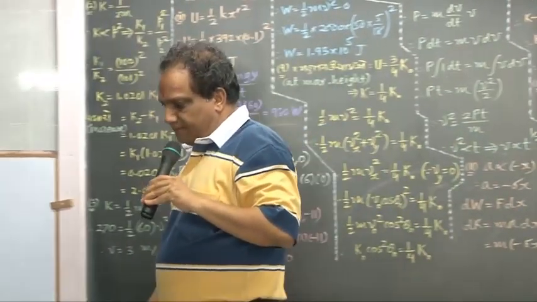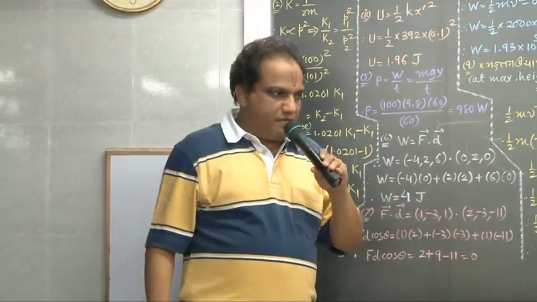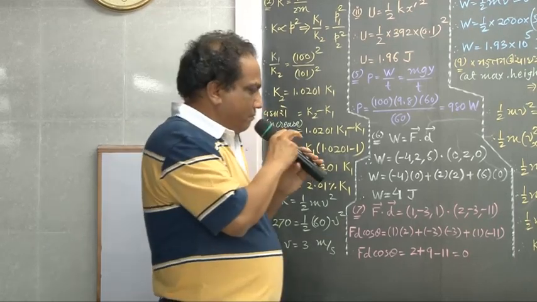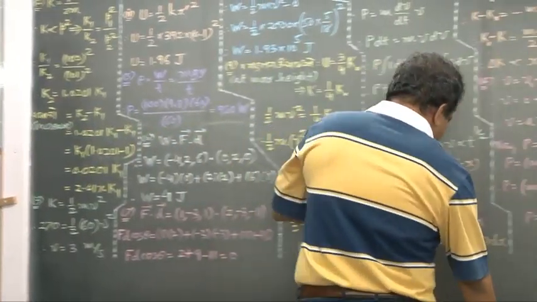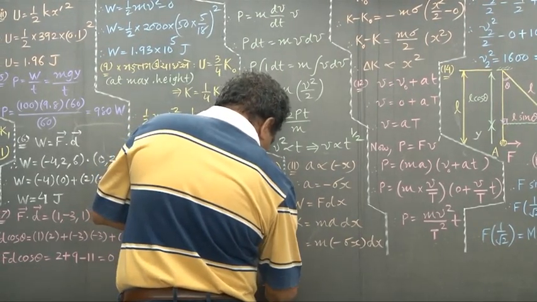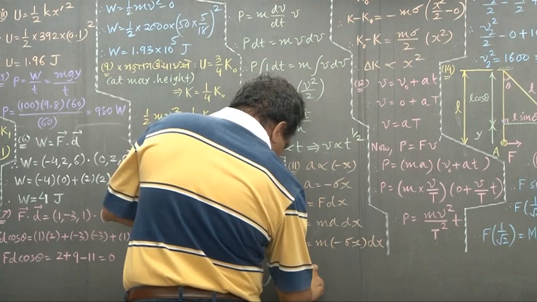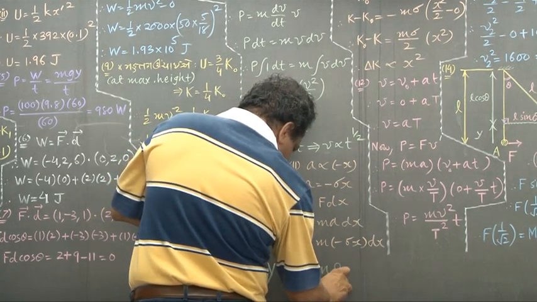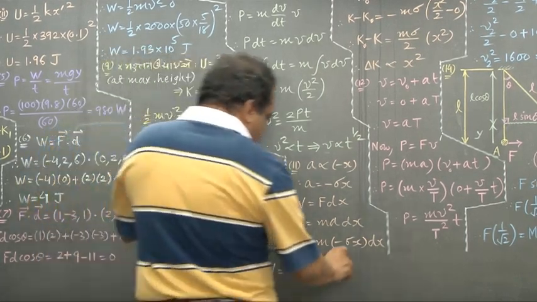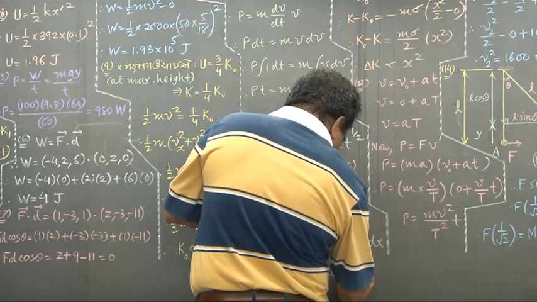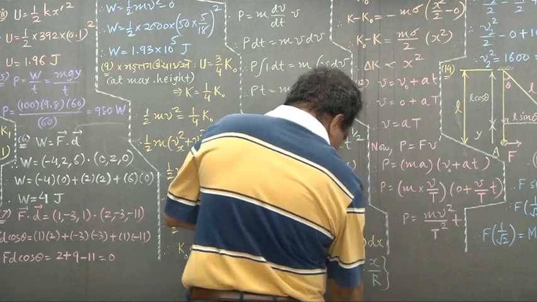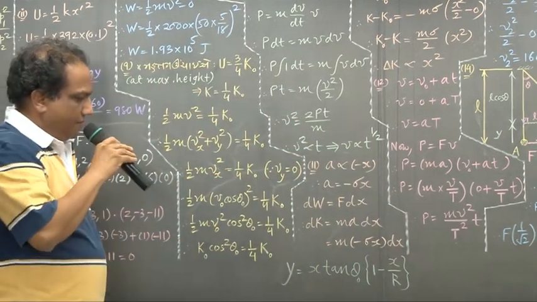Write one exercise. For a projectile, prove that y equals x tan theta 0 into bracket 1 minus x upon R, correct?